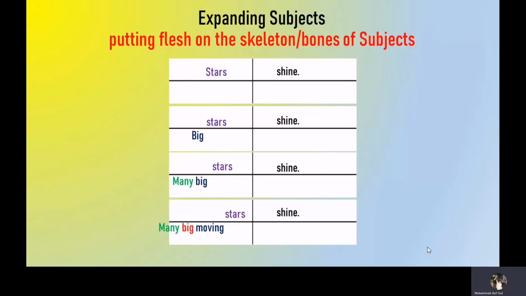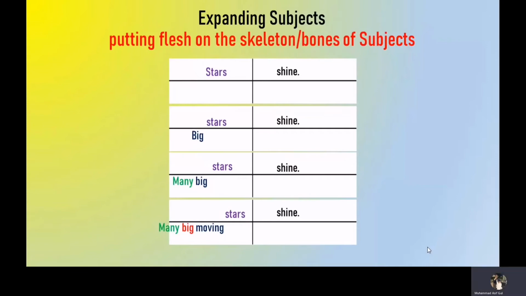Many is a determiner. Now, what are determiners? We will learn about it later. But many has expanded the subject further. Similarly, many big moving stars. Now here, the category of big has changed.